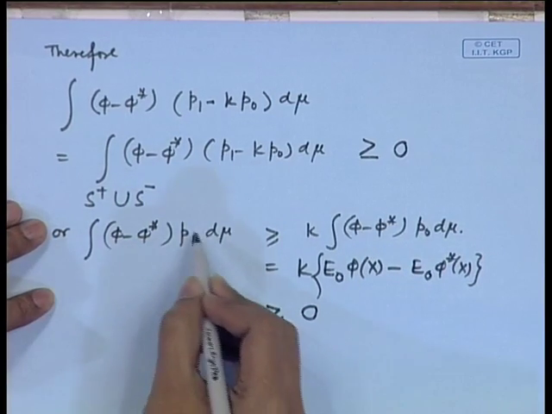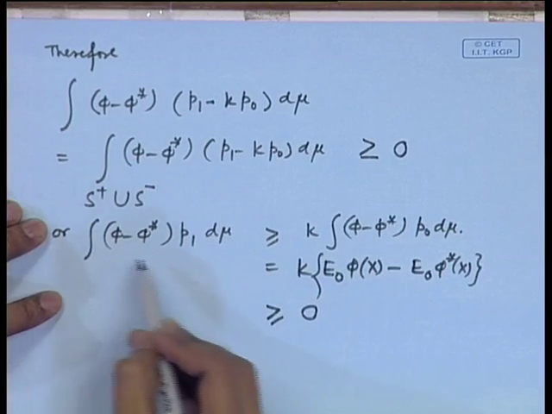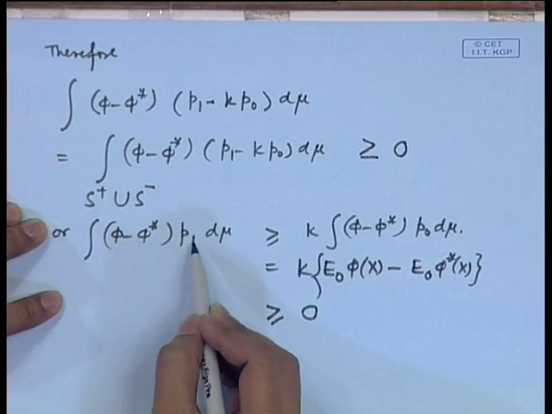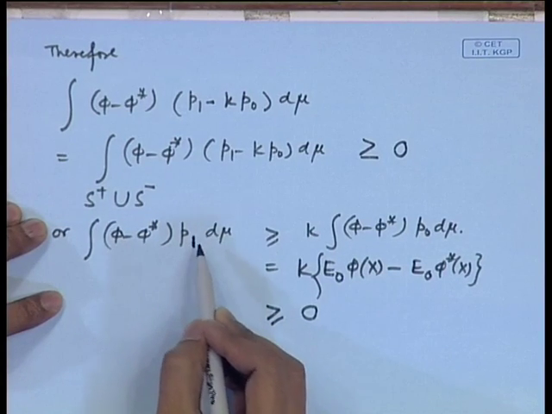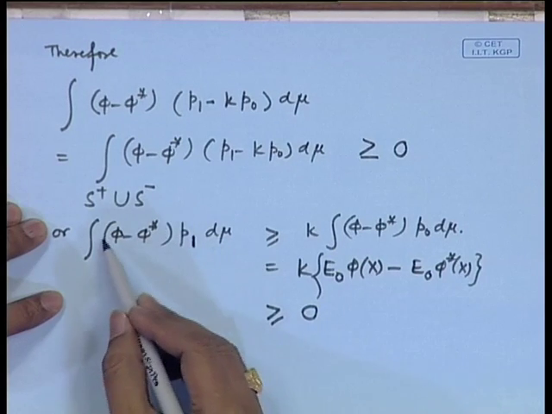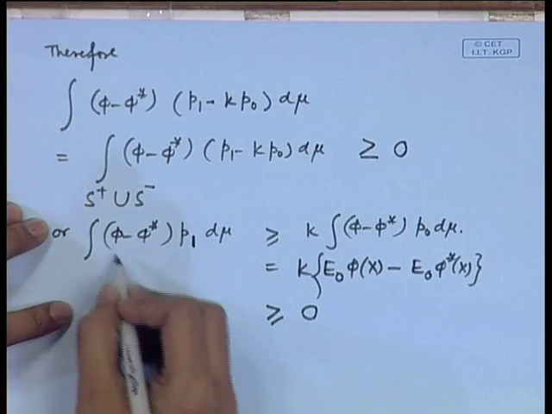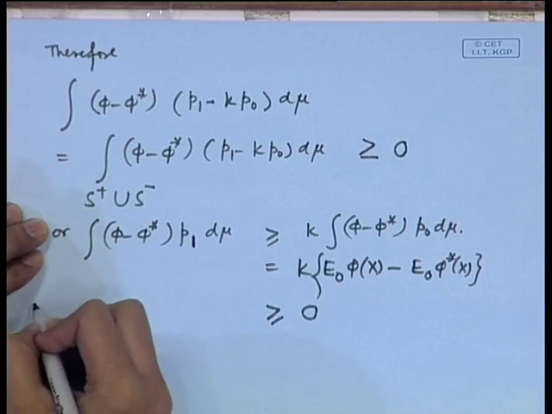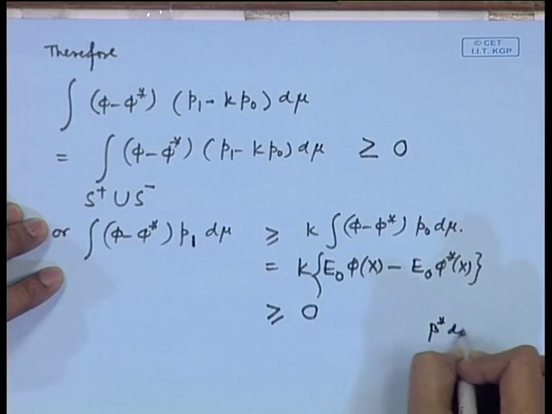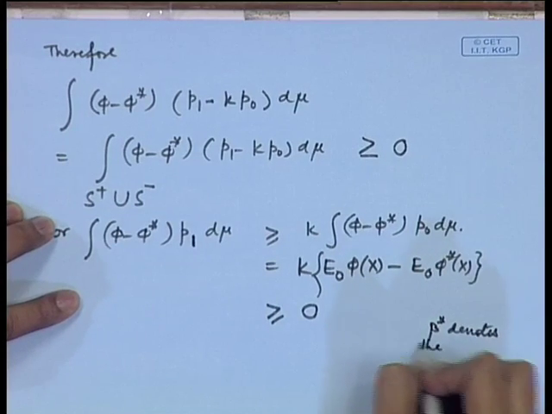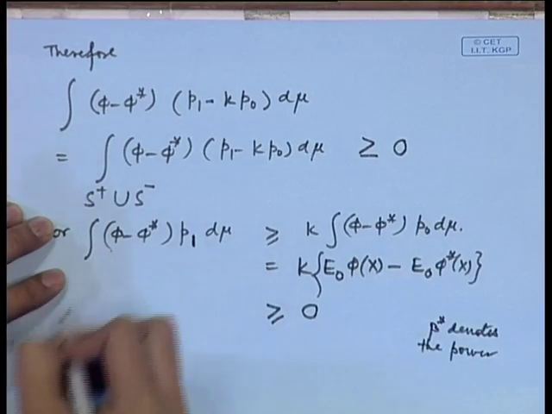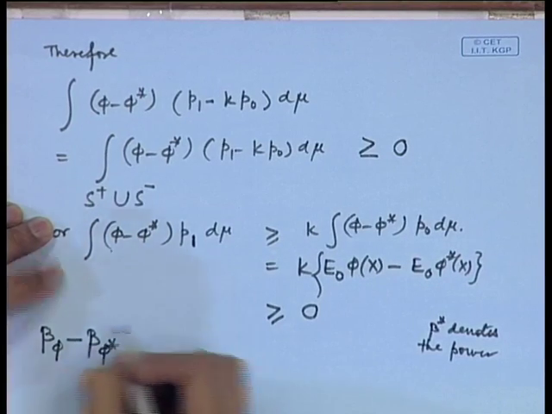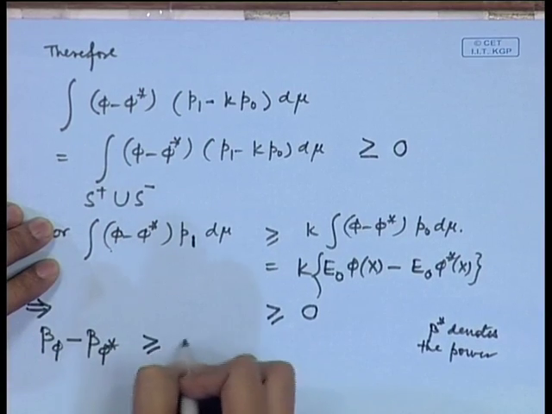Now, what is the left hand side? This value is the probability of rejecting when H 1 is true. That means, it is the power function. So, we use the notation, say beta, for the power. So, let me say beta denotes the power function, then this is beta phi minus beta phi star, and this is greater than or equal to 0.